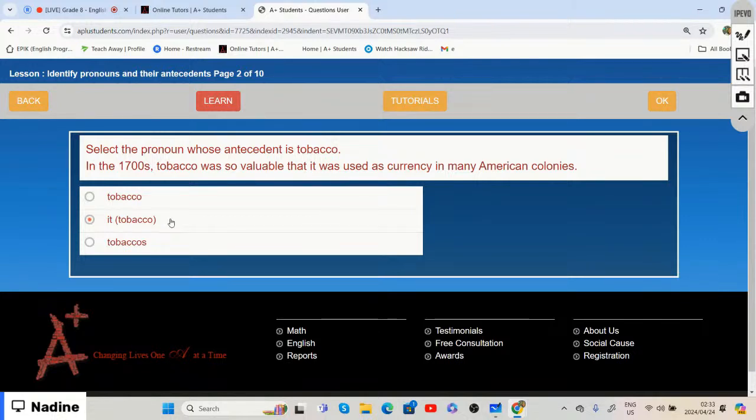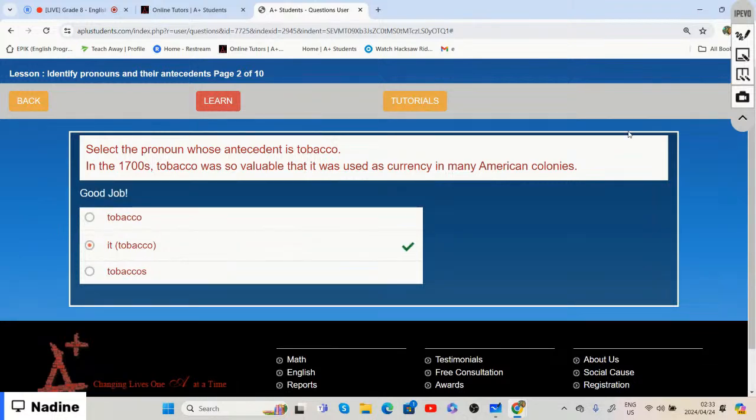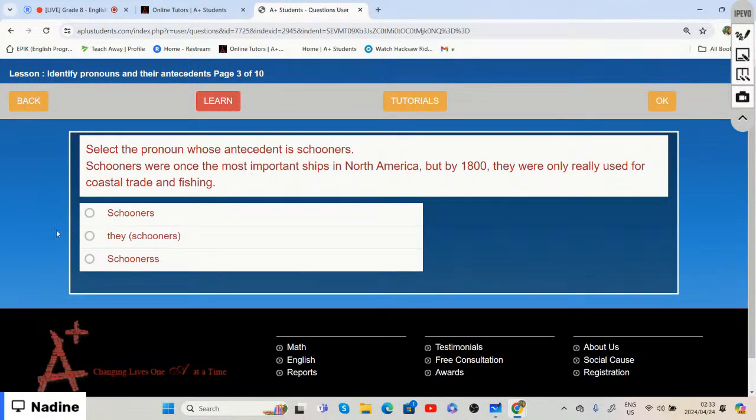It's like finding your antecedent within the sentence. Schooners were once the most important ships in North America, but by 1800 they were only really used for coastal trade and fishing.